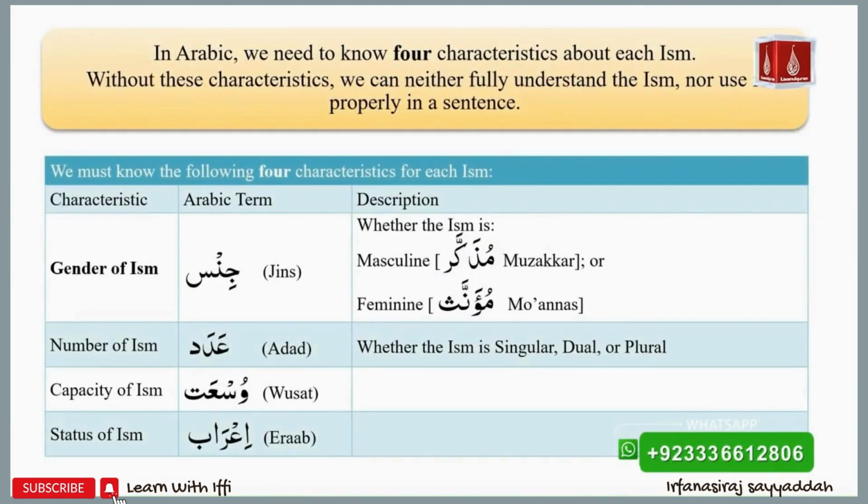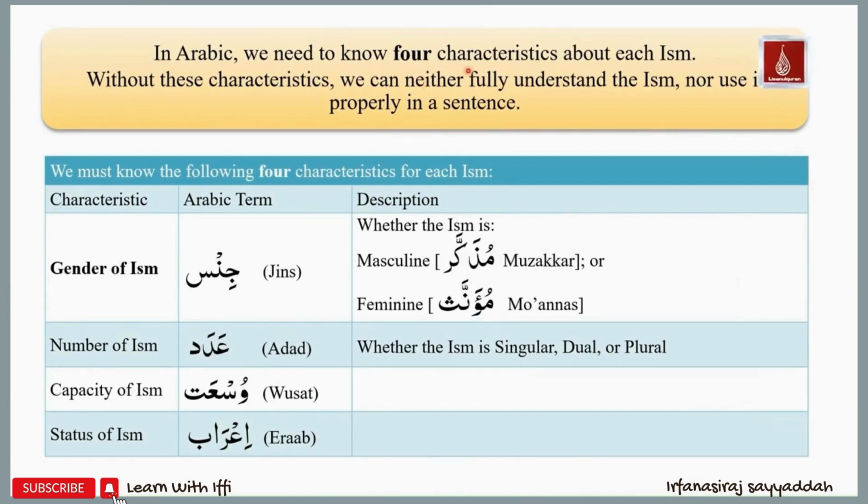To recall, for each ism, we need to know 4 characteristics about that ism. Without these characteristics, we can neither fully understand the ism nor use it properly in a sentence. These 4 characteristics are the gender of ism, the number of ism, capacity of ism, and the status of ism.